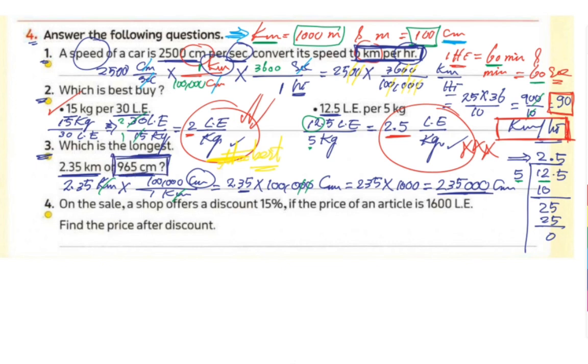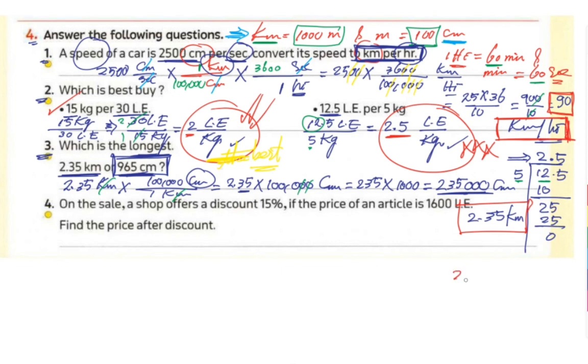So 2.35 kilometers is the right solution, as he asked us about the longest one. Now I can compare that 2 kilometers is greater than 965 centimeters, of course. And you can confirm this solution the easiest way.